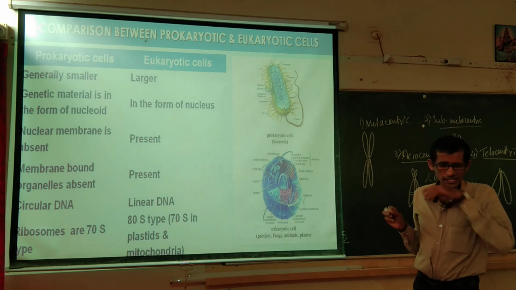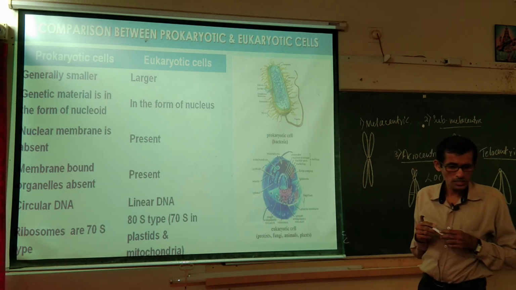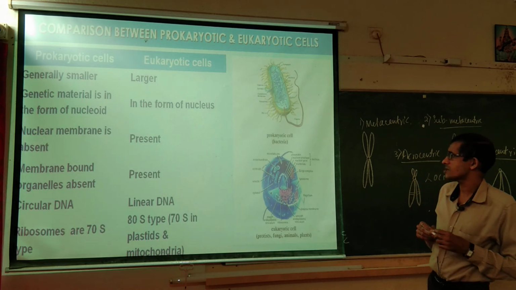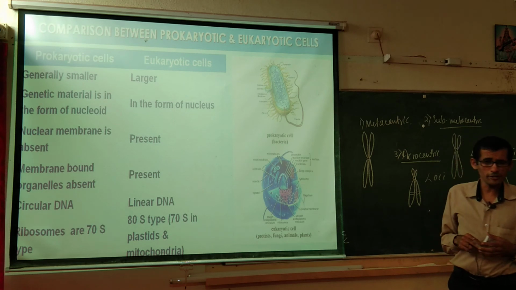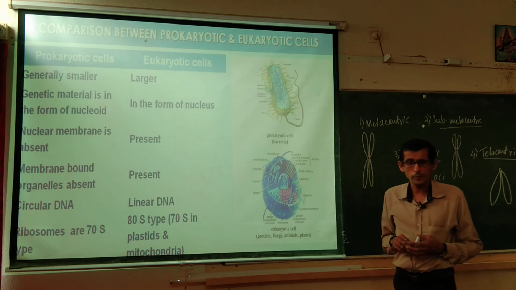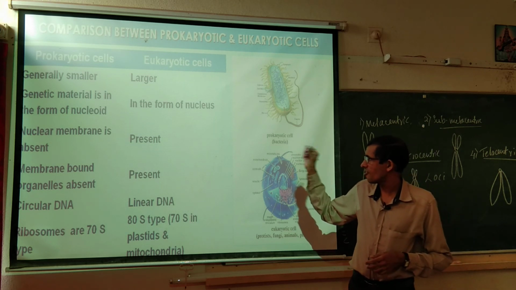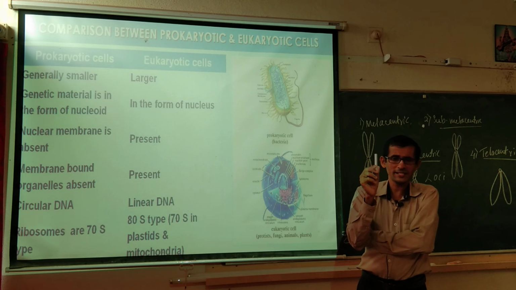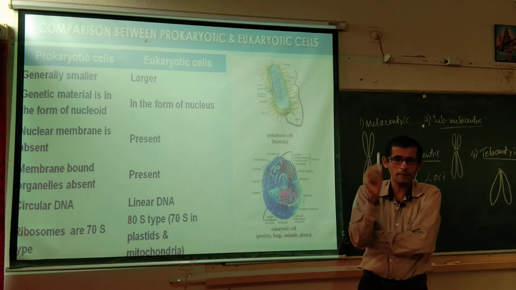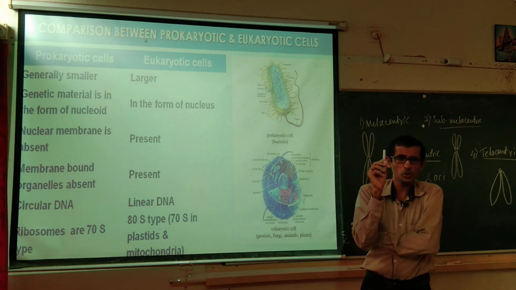Then prokaryotic and eukaryotic cell differences, another important question. Prokaryotic cells are generally smaller in size, bacteria etc. But eukaryotic cells are generally larger or bigger in size. In prokaryotic cells the genetic material is in the form of a nucleoid; a clear nucleus is absent because the genetic material is not covered with the nuclear membrane.